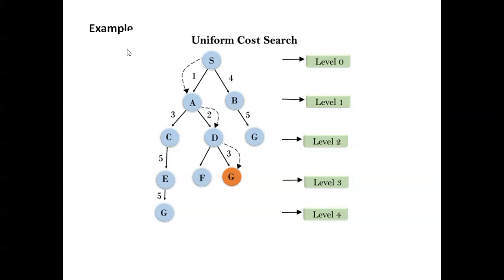It goes where the path cost is less. S to A has path cost 1 and S to B has path cost 4, so it moves S to A, the lesser path cost. Then from A to C or A to D, it takes the one with less path cost. Similarly D to F or D to G, it takes the one with less path cost. This is the way it reaches the goal node.